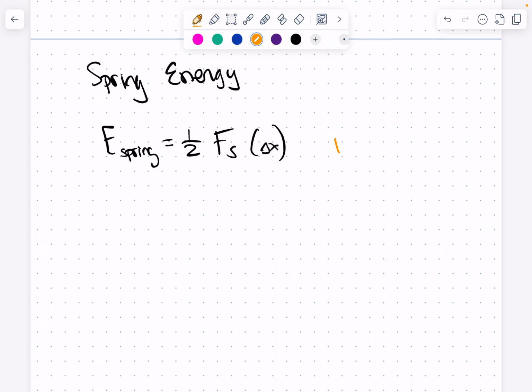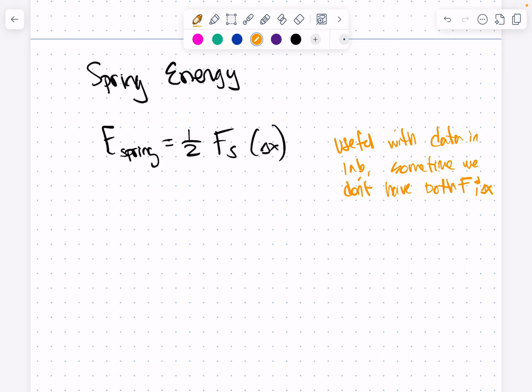This is useful with data like we got in the lab, but sometimes we don't have that. Sometimes we're not going to have force and displacement.